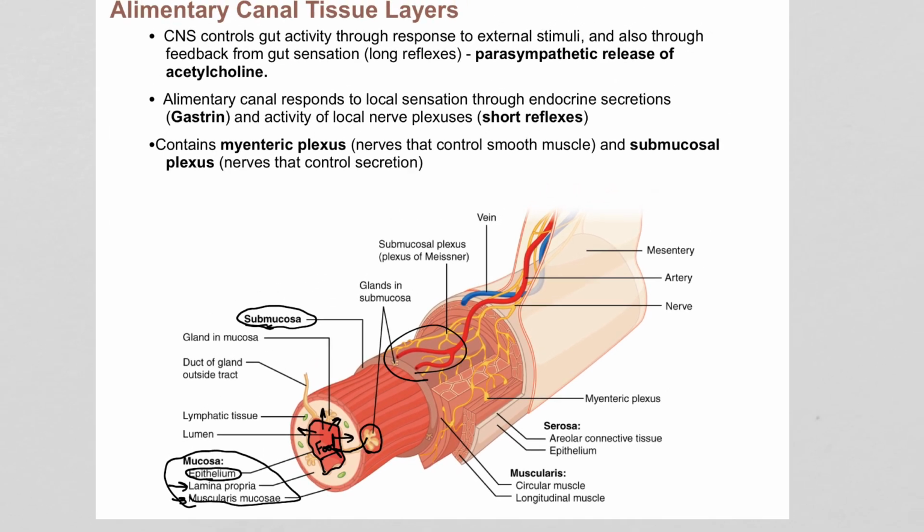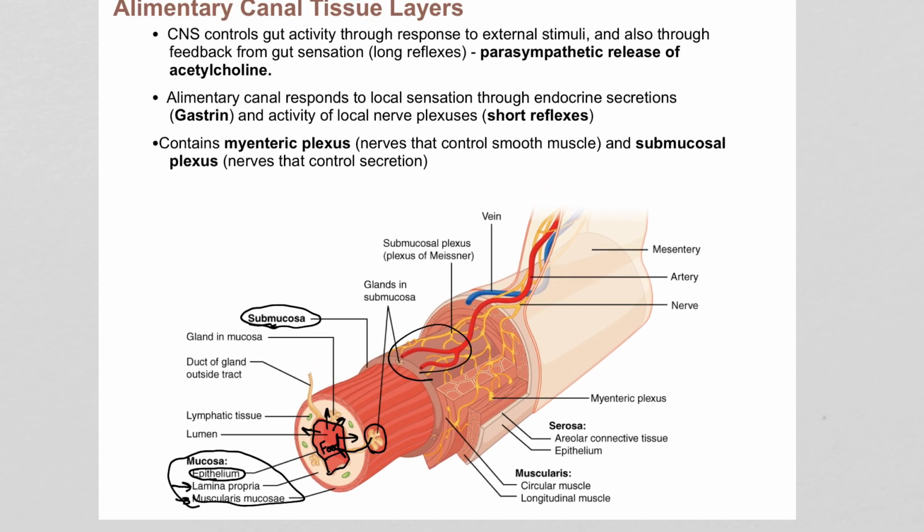And the nerves are a big part of what's going on here. So pay attention to two different clusters of nerves. A cluster or a network of nerves we call a plexus. And so the nerves in the submucosal layer, easy enough, are the submucosal plexus. That is how your nervous system turns on secretion of things like stomach acid and mucus and digestive enzymes from the GI tract.